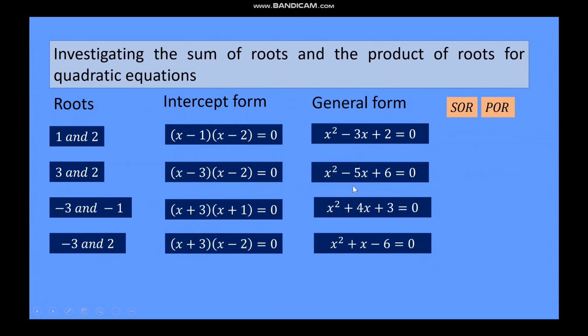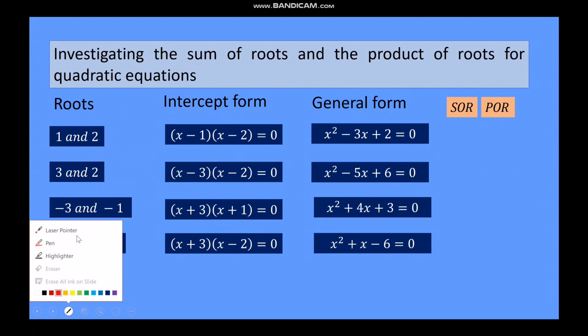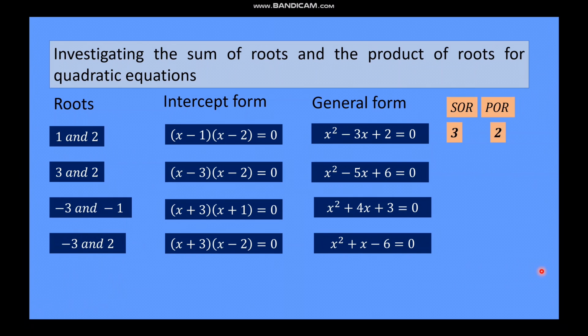What I want you to focus on is the sum of roots and the product of roots. The first pair of roots is 1 and 2. The sum of them is 3 and the product is 2. For the second pair, where the roots are 3 and 2, the sum of the roots is 5 and the product of the roots is 6.